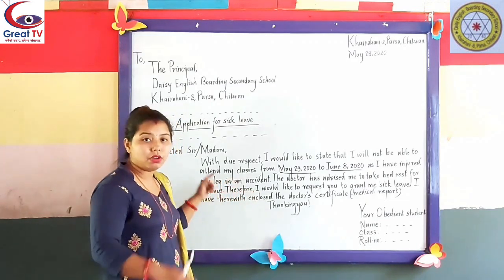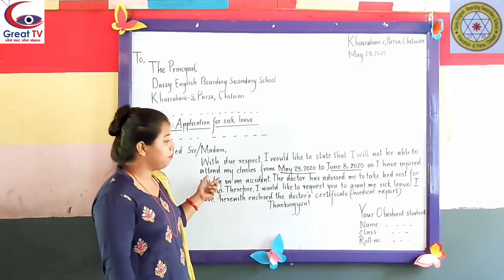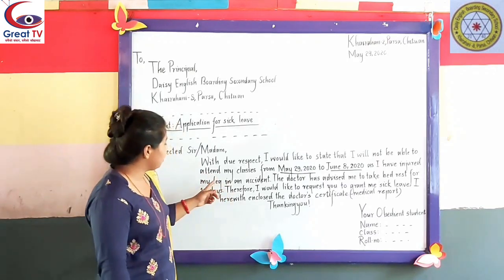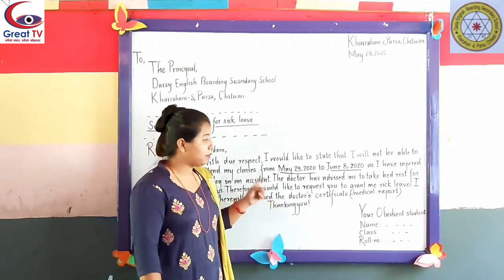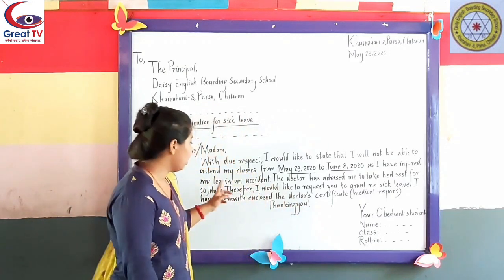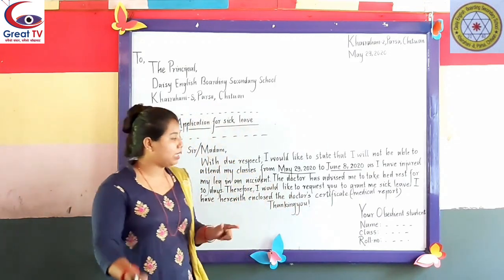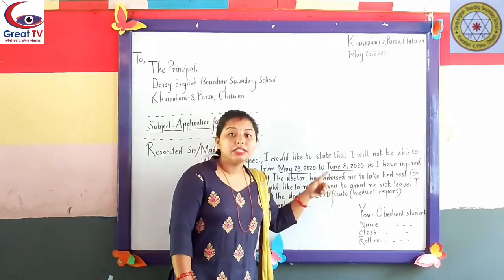It might be your brother's marriage, your sister's marriage, or you have met an accident. So in this case, you have injured your leg in an accident and the doctor is advising you to take bed rest. Therefore, you request your principal for sick leave.